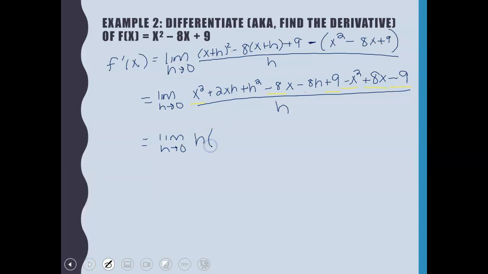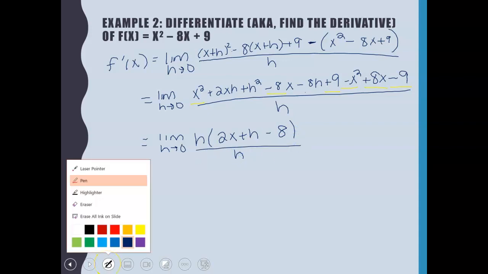Factor out an h and write down neatly everything that's left. h times 2x plus h minus 8, all over h. Cancel your h's.